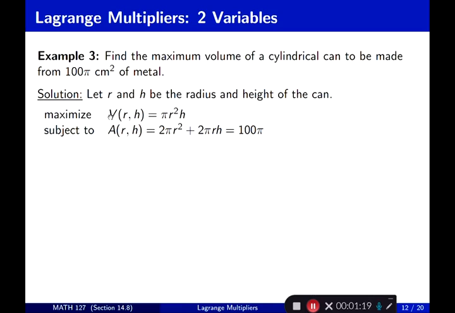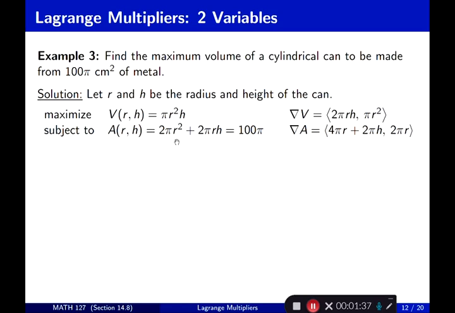First thing, find the gradient of V and set it equal to lambda times the gradient of A. The gradient of V is 2 pi r h and pi r squared.